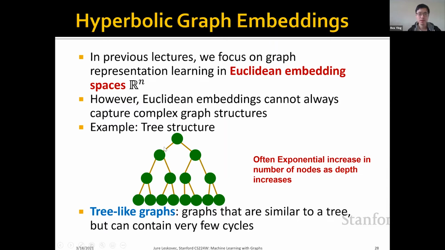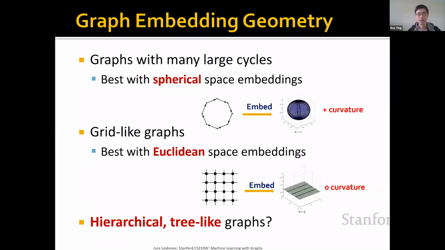So it's mostly a tree, but with a certain number of loops in the graph itself. Here we're considering this kind of structure, and we want to note that embedding geometry has been very important in capturing this kind of special graph structure.